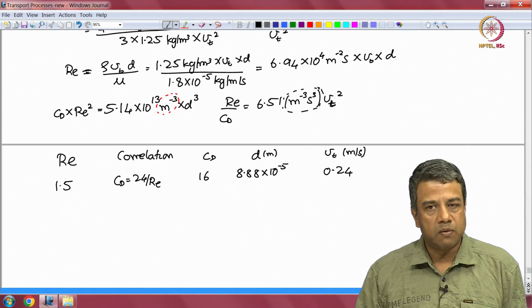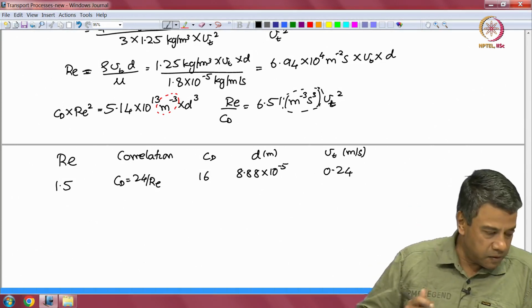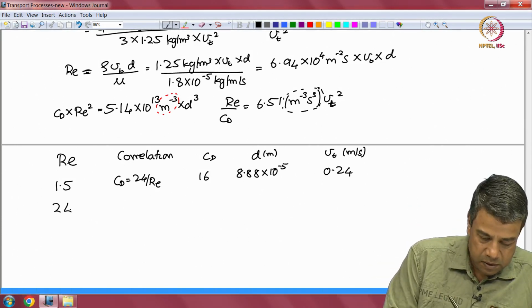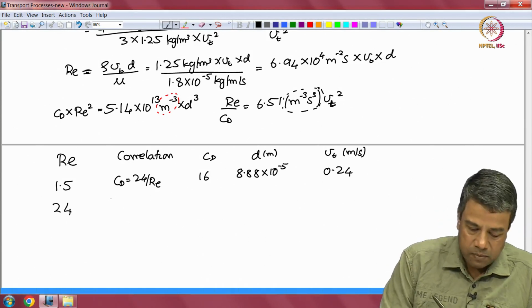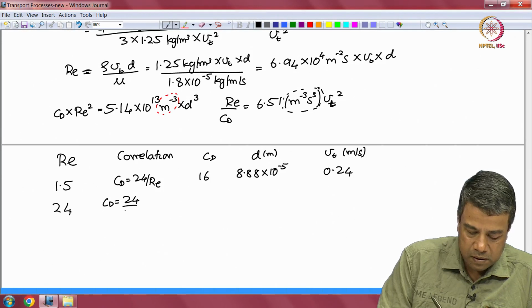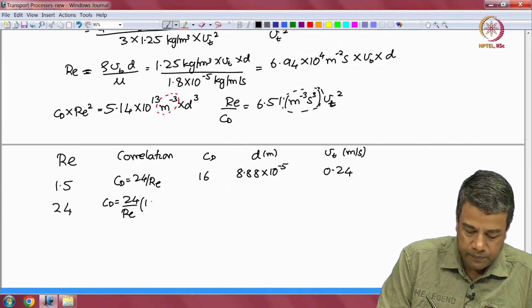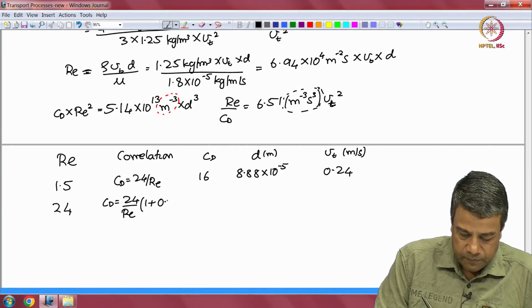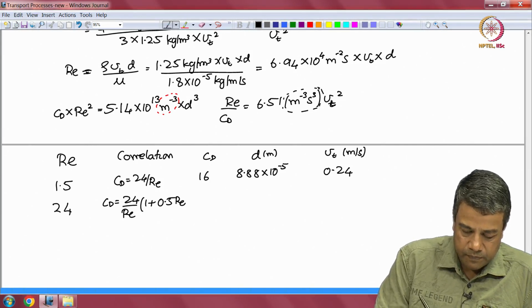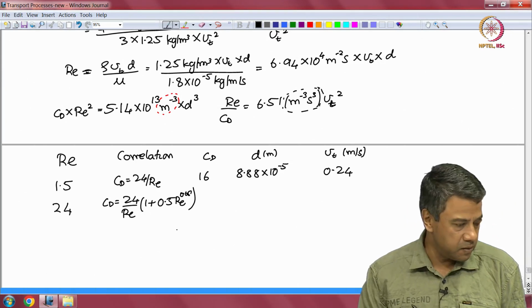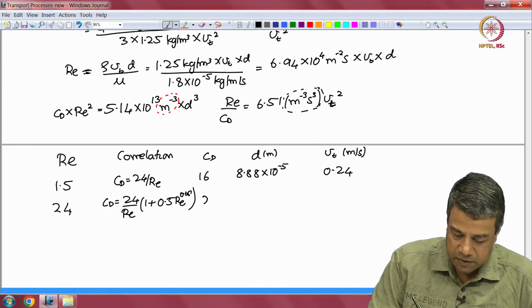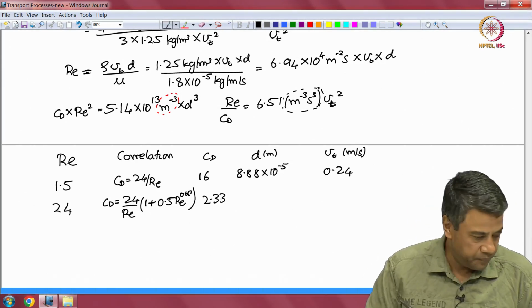Okay. Between 1.5 and 24, I can use the modified drag coefficient. Okay. So, for RE is equal to 24, I can calculate this. The drag coefficient turns out to be 2.33.